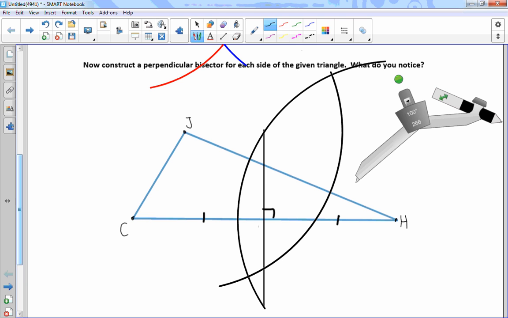Then line up your ruler from intersection to intersection. Make sure you're right on.